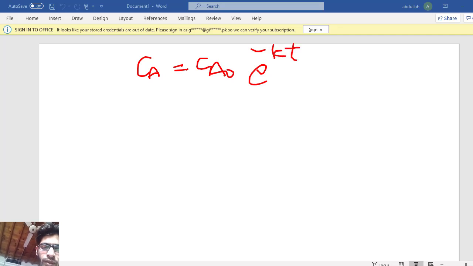Now the half-life for the first order reaction can also be written. At time t equal to 0, CA is equal to CA naught.